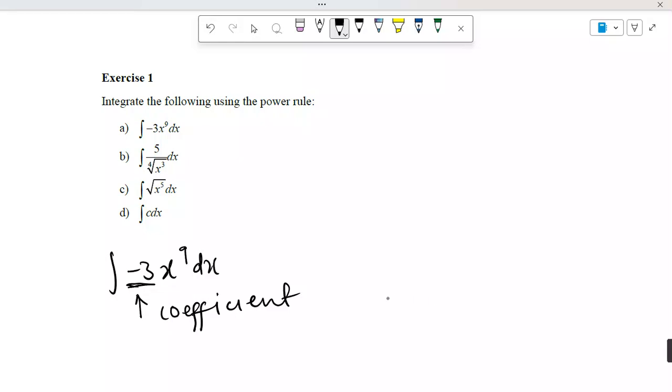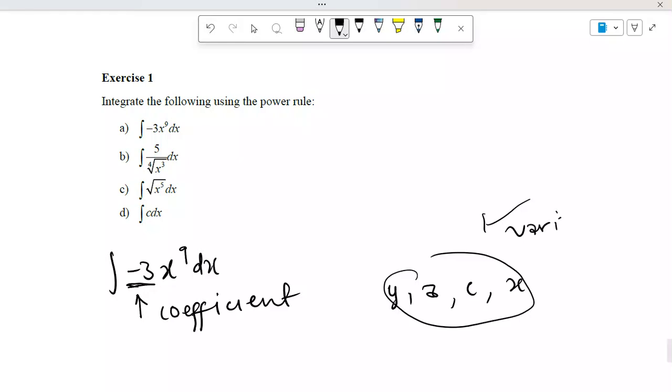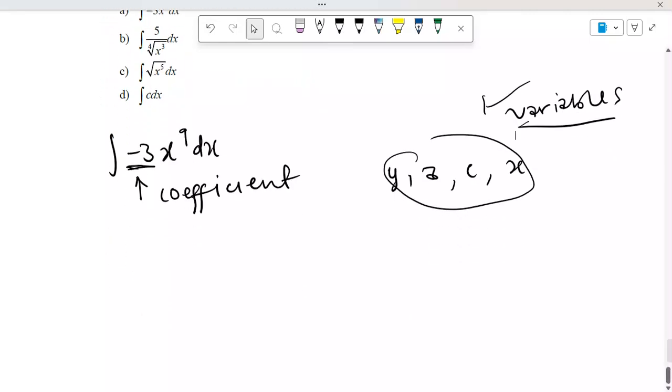Variables are letters like y, a, c, d, x. In integration, we take out the coefficient because it doesn't affect the solving.